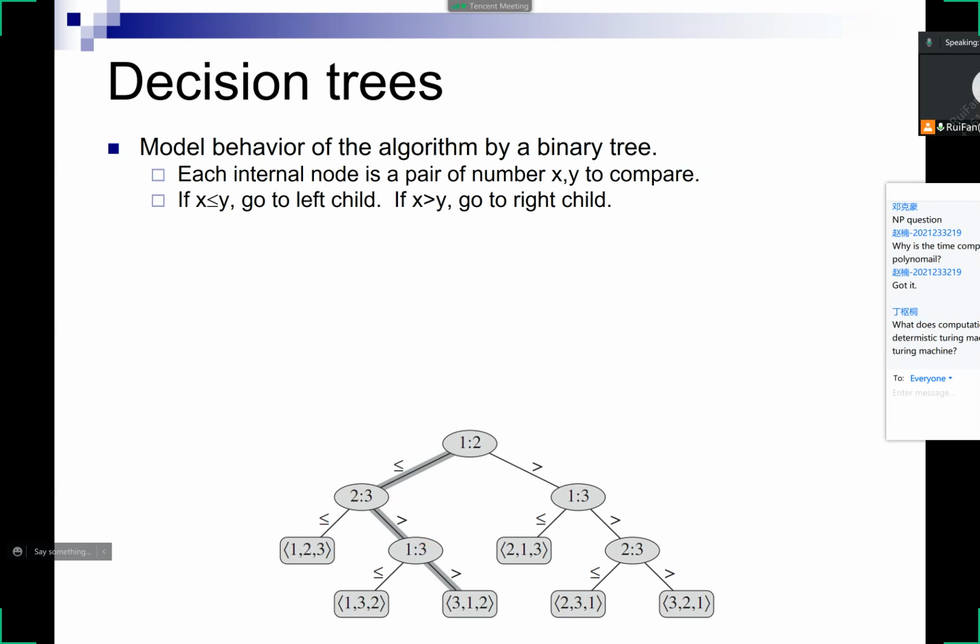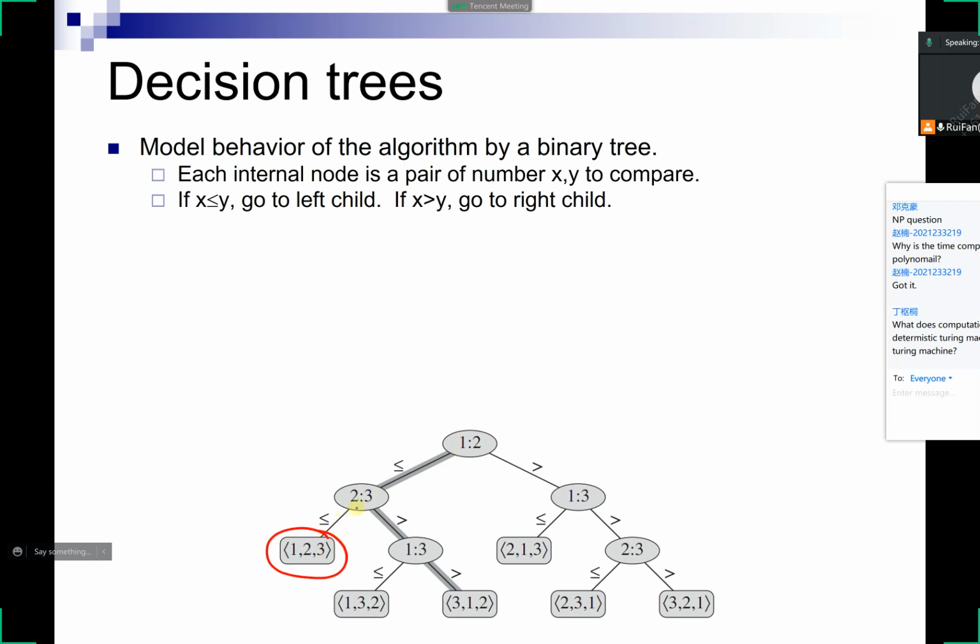Your algorithm just does comparisons over and over, and each new comparison is based on the outcomes of all of the previous comparisons. You get to choose what to compare next based on what happened before. At some point, your algorithm can produce an output.